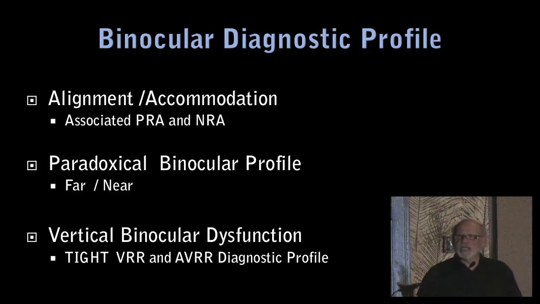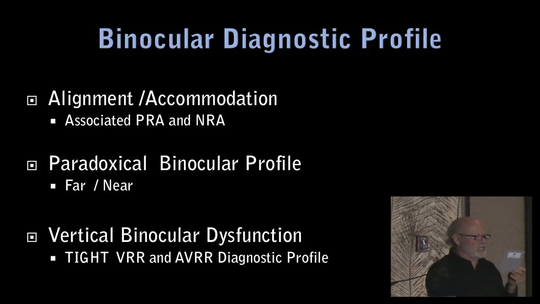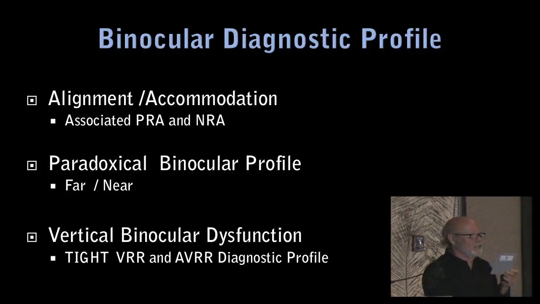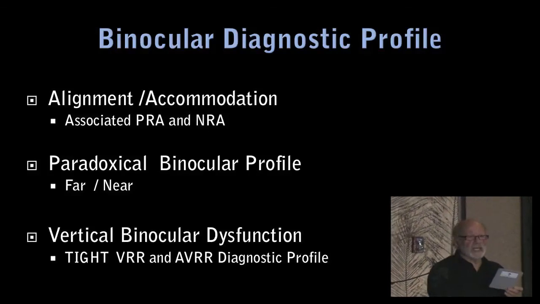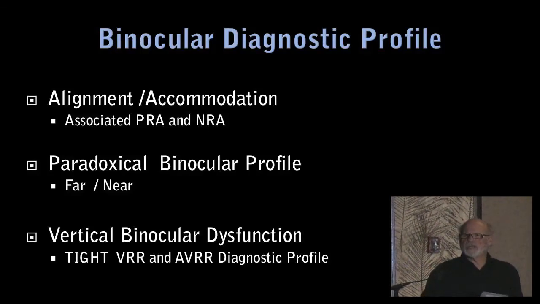So I said, okay, take a look here. And I take the disparity target. I'm using the bigger one here. And I say, well, tell me where it starts to line up. And I move it in, and they say, here. You see, I believe that they are moving the target in to deal with the fact that they've over-accommodated, it's dragged their disparity into eso, and they're trying to decrease confusion.